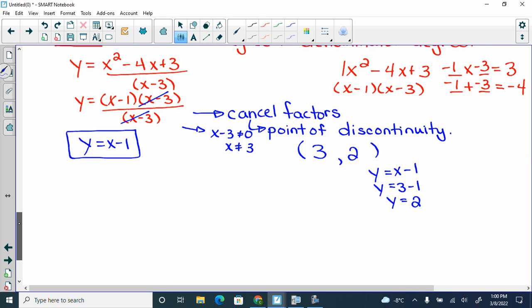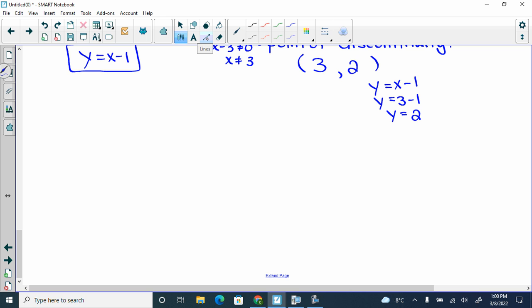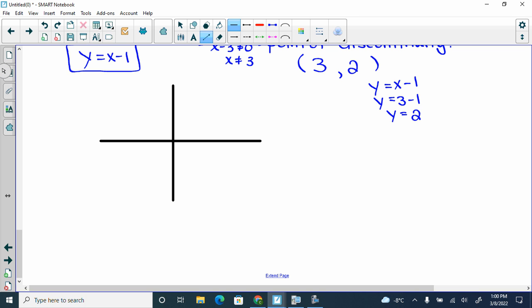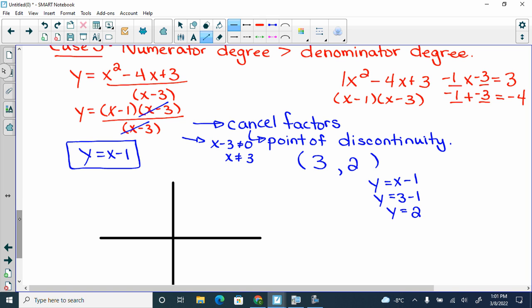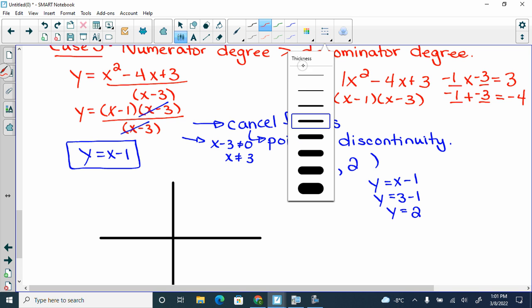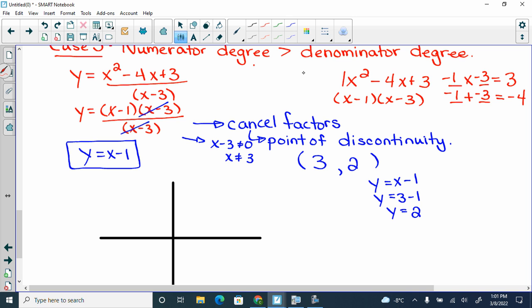So if I go to sketch this so that you can see what it looks like, you can type in your calculator after. If I go to sketch this, I have a graph at x minus 1.